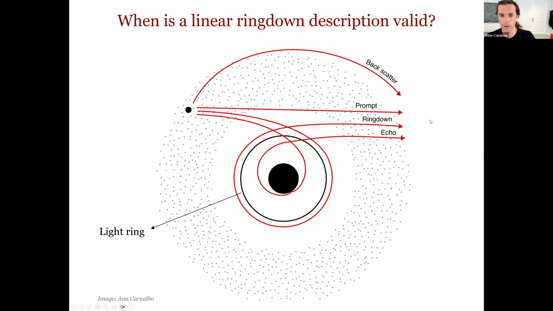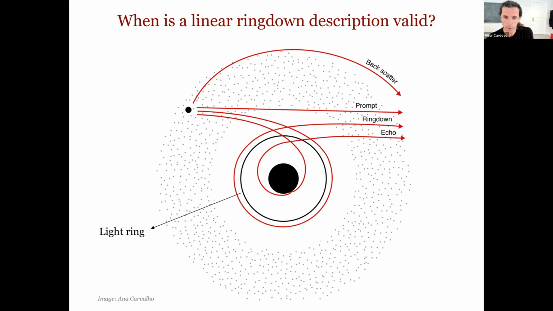They circle the black hole once or multiple times before reaching the detector. And some others actually backscatter off the space-time curvature at large spatial distances. This is a branch cut actually in your Green's function. So there is no ringdown start time, okay? There's no well-defined notion of a start time.